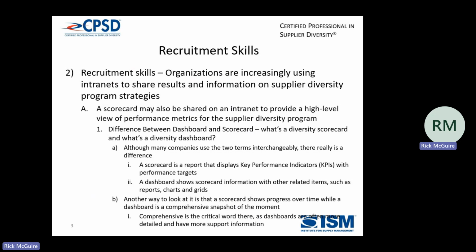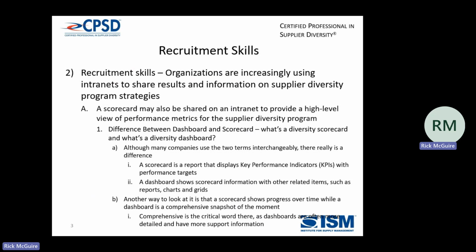What's a diversity scorecard and what's a diversity dashboard, according to ISM? Although many companies use the two terms interchangeably, there really is a difference. A scorecard is a report that displays key performance indicators with performance targets. That's the scorecard. A dashboard shows scorecard information with other related items such as reports, charts, and grids.